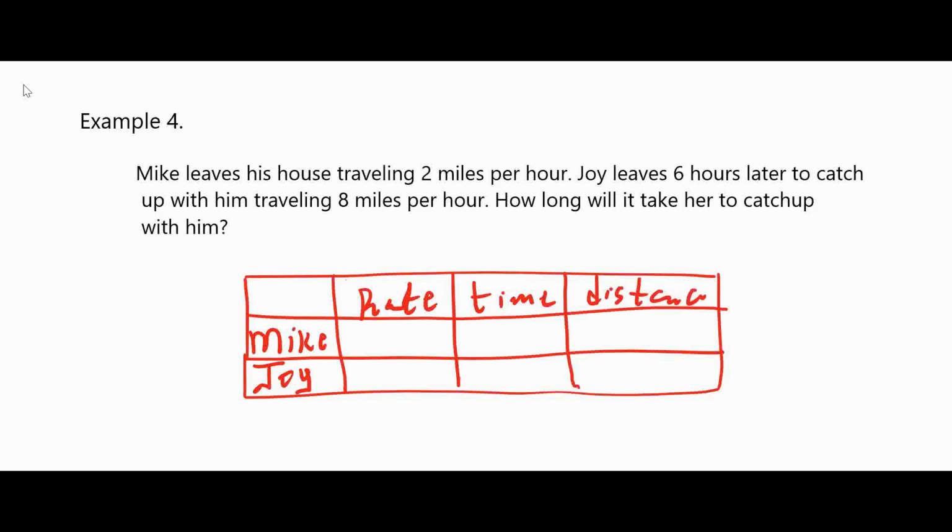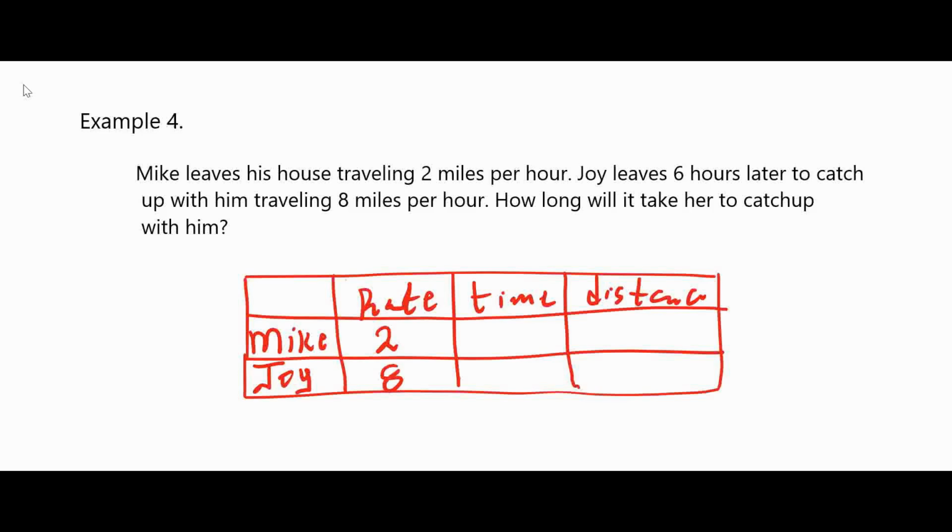All right, so Mike is traveling at the rate of 2 miles per hour, so we can write 2 here, and Joy is traveling at the rate of 8 miles per hour, so we can fill this with 8.